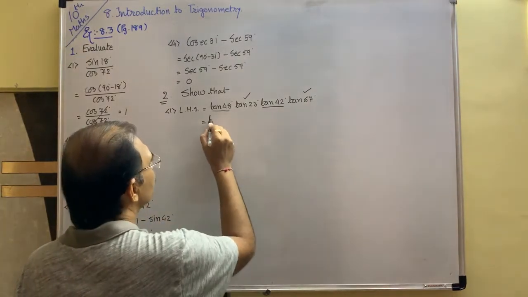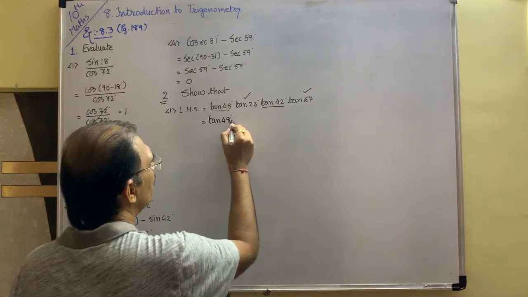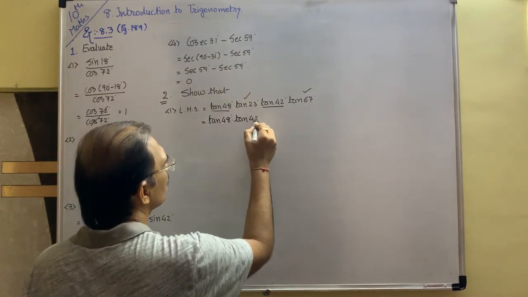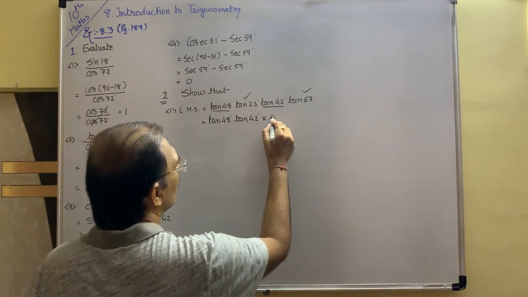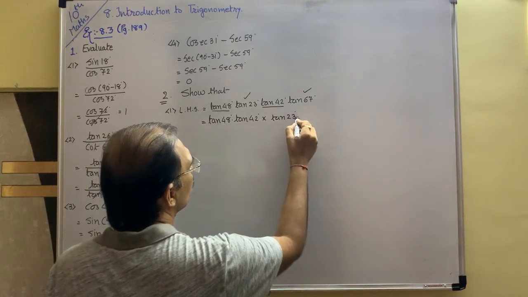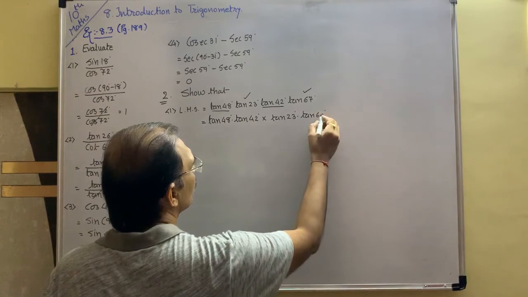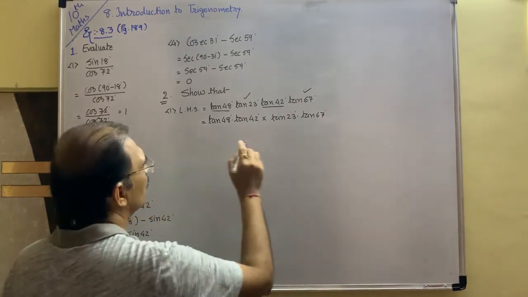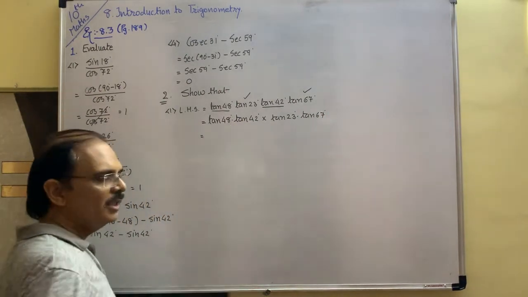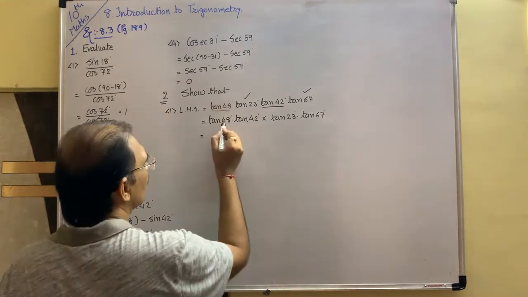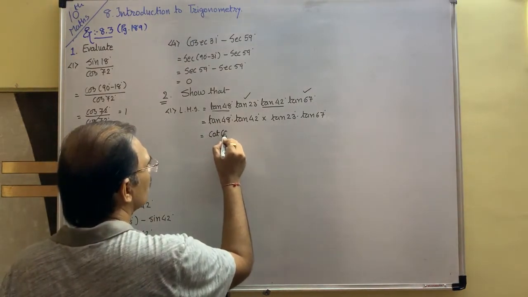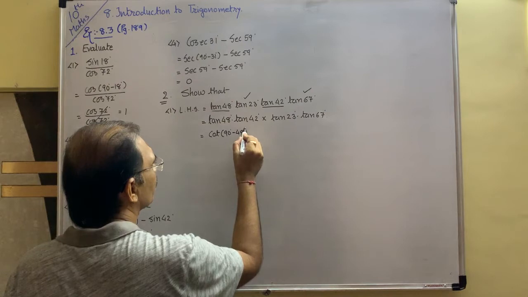So I write tan 48 into tan 42 first, then multiplied by tan 23 into tan 67. All these ratios are in multiplication. Out of these two, change any one. Tan theta is written as cot (90 minus theta).